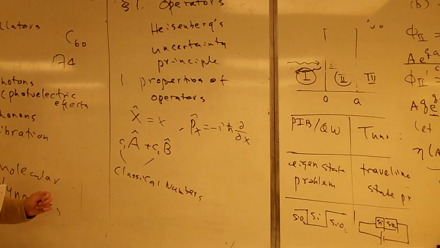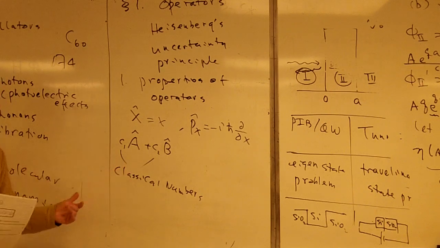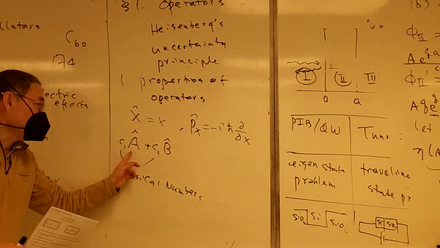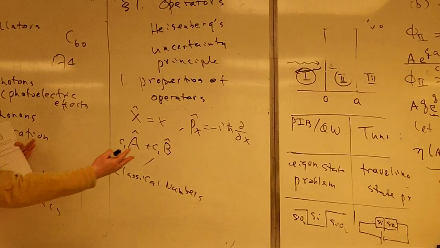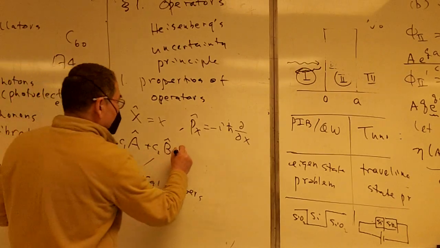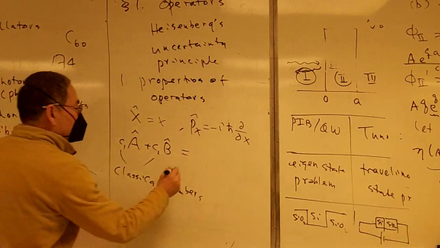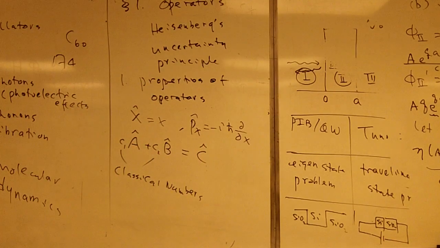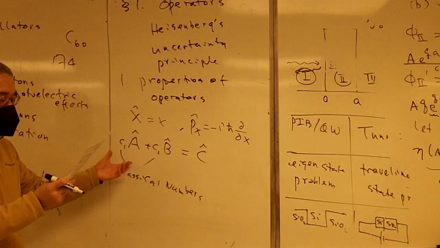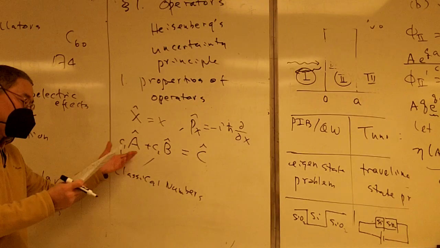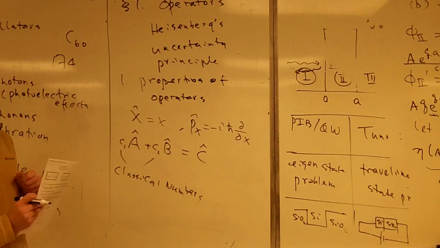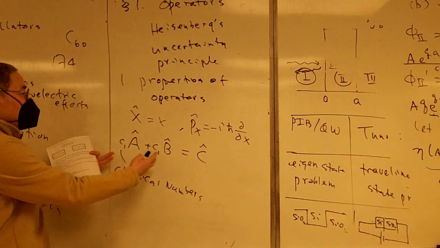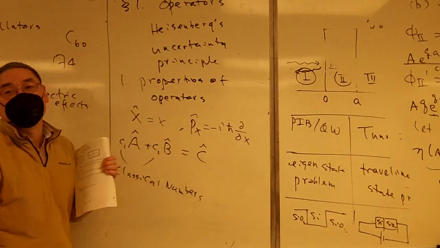It's just a number. It could be a function though, but it's not an operator. So for an operator, we have a hat on the top. If we combine these two, A and B, this will be, let's call it operator C hat, capital letter C hat. So in other words, this is called addition and subtraction. These are also operators related to each other. So if you have two operators, add them up, it's also a good operator.